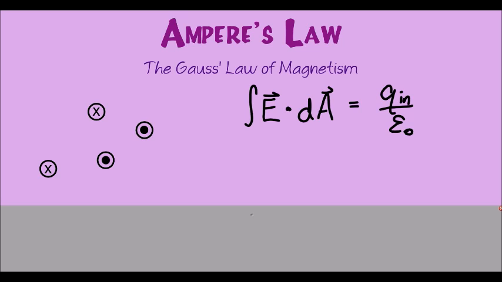We're going to be using Ampere's law to find the total magnetic field caused by multiple currents, kind of like you see with these 4 circles on the left-hand side of the screen here. I have 4 wires, 2 that are carrying a current into the screen, and 2 that are carrying a current out of the screen.